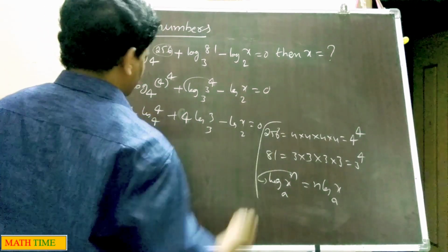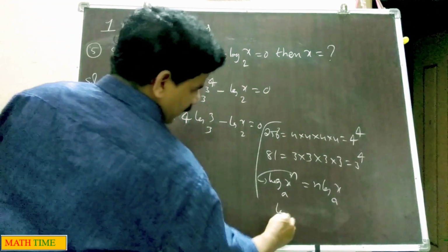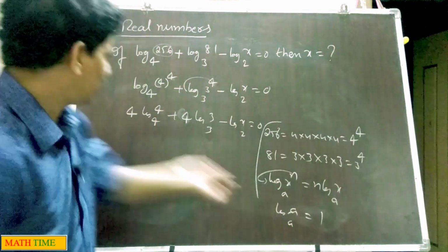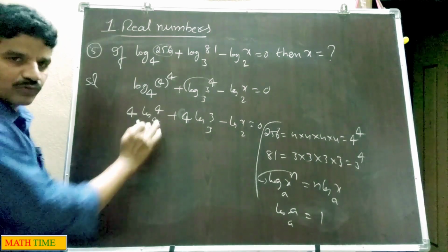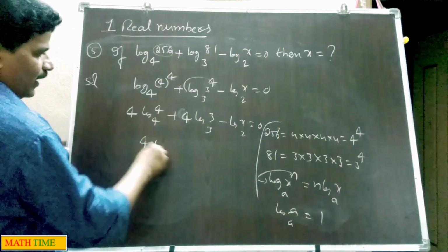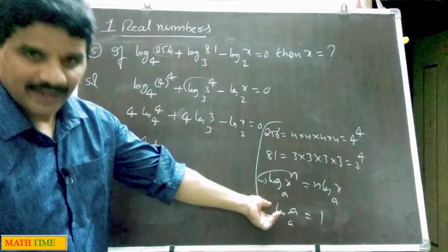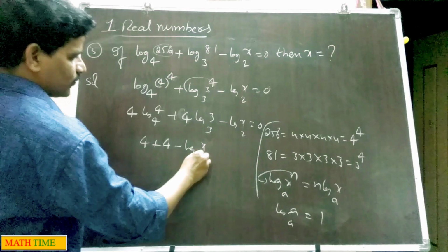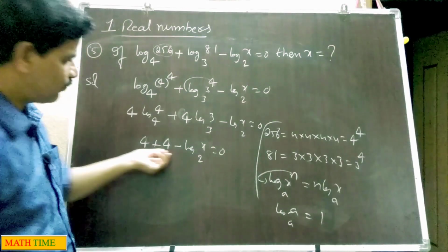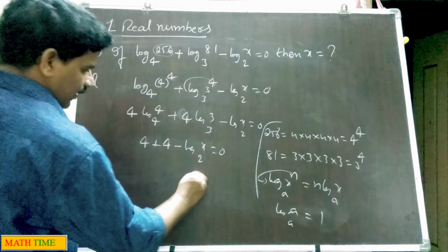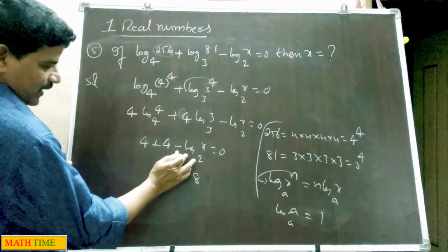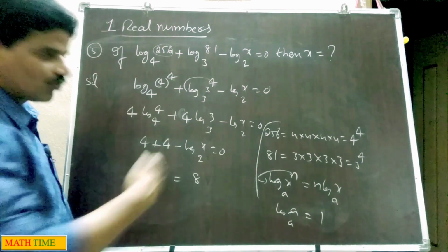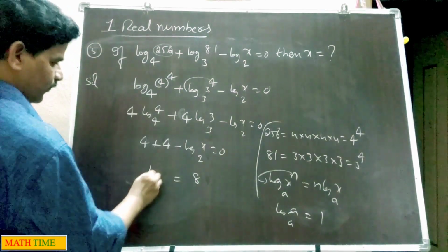What is log a to the base a? It is 1. So now we apply this formula also. Here log 4 to the base 4 is 1, 1 into 4 is 4. Log 3 to the base 3, again applying this formula, is 1, therefore 4 plus 4 minus log x to the base 2 equal to 0. 4 plus 4 is 8, and the minus log x to the base 2 goes to that side and becomes positive.